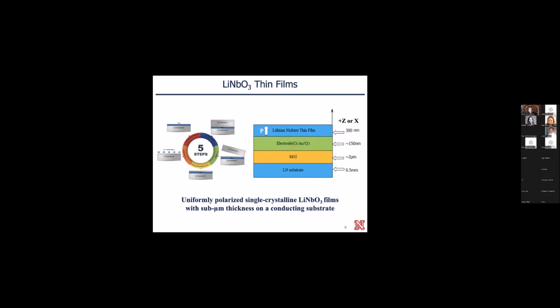Generally, bulk lithium niobate is of congruent composition, and it has a relatively high coercive field, which means that the sample could be difficult to switch. But if you reduce the thickness, then the voltage that could be used to switch polarization would be within the range that is affordable when you operate in scanning probe microscopy.